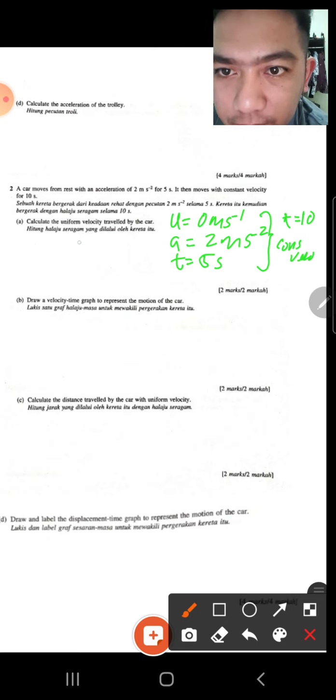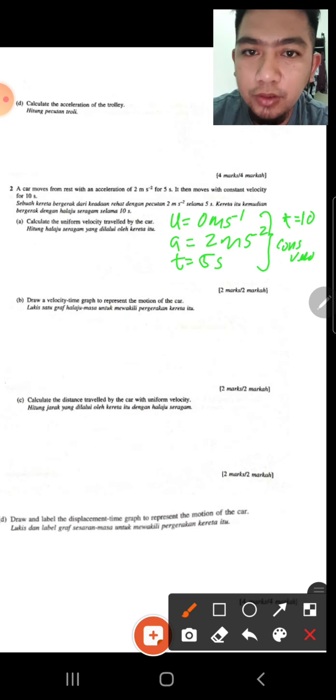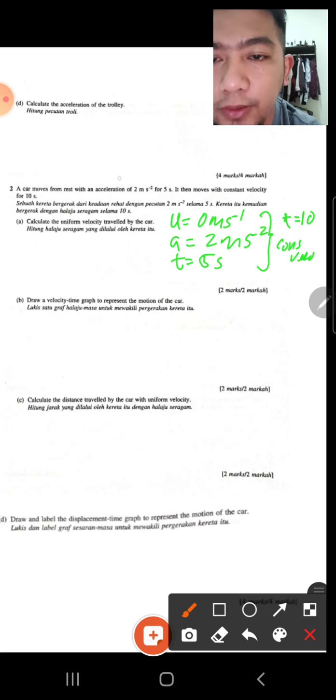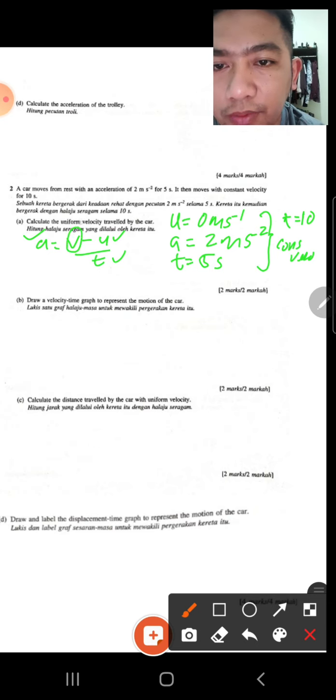So now time to answer. Calculate the uniform velocity traveled by the car. So how do we find the velocity? We already have u, a and t. Remember the formula: acceleration equals v minus u over t. Now u is ready, t is ready, a is ready. Now you just need to find v.